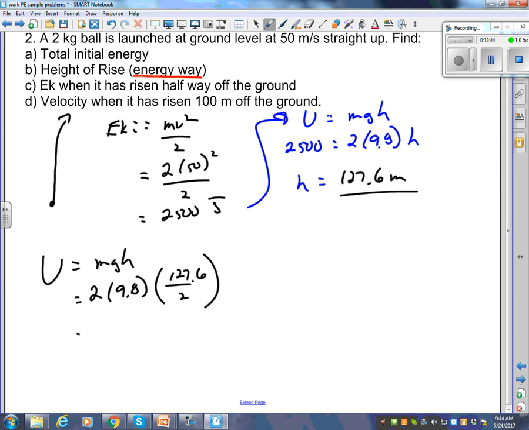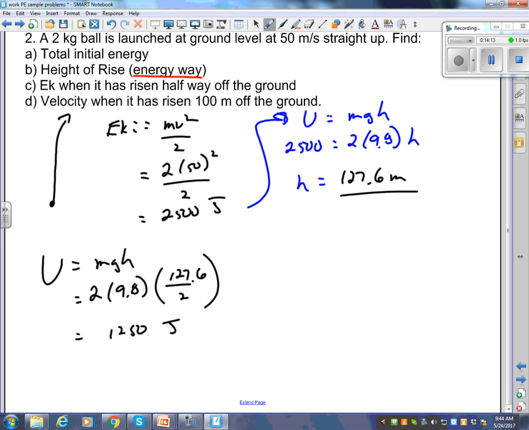Cancel out. Well, it turns out that it is half. There's a little bit of rounding error, but it's half. So yeah, you could have just divided it. But I want to prove it.